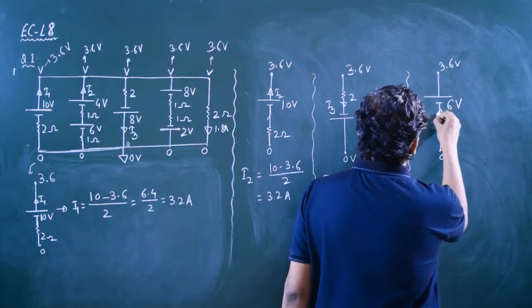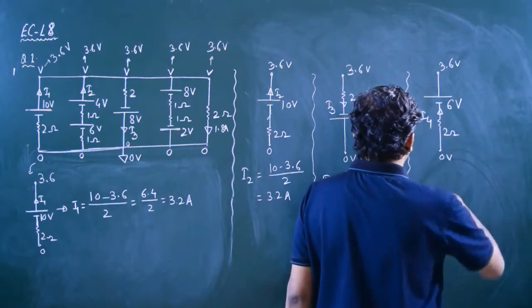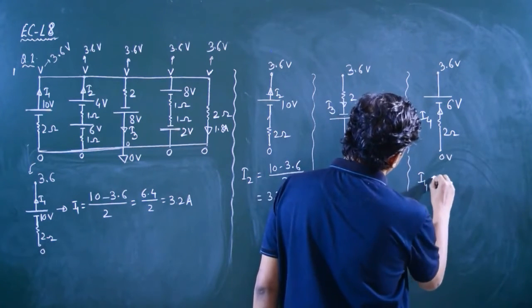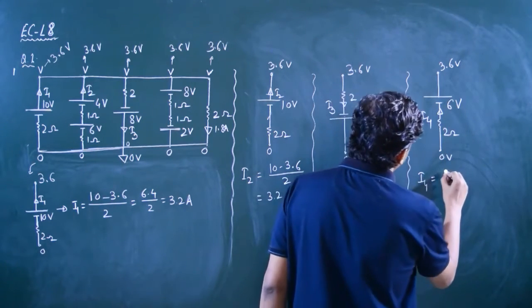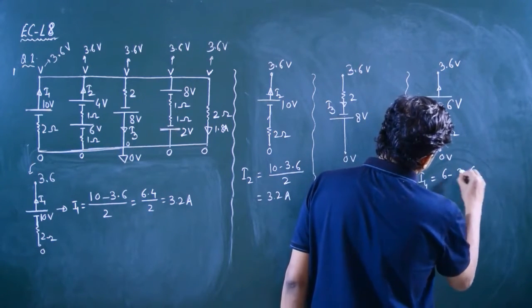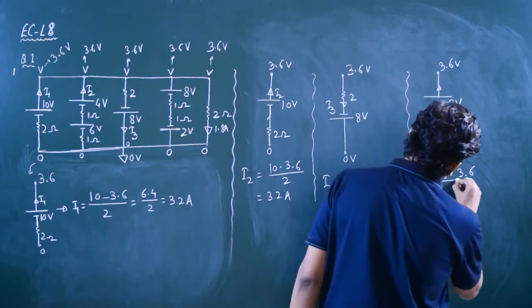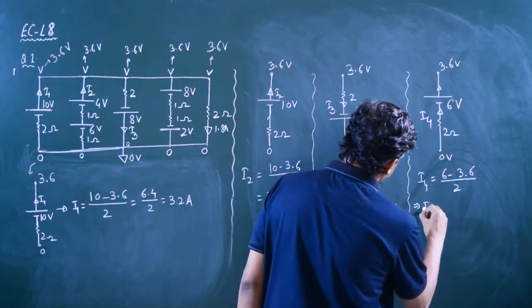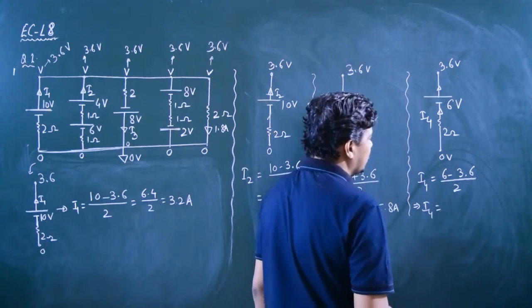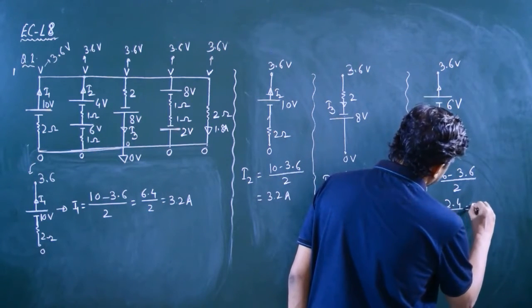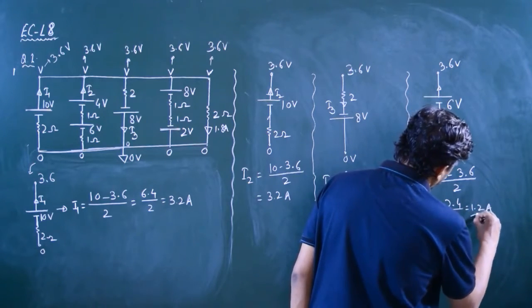So see, here current is suppose I4. Then what is the value of I4? EMF difference is 6 minus 3.6 divided by internal resistance, which is 2. So what we get? I4 is equal to 2.4 by 2, it is 1.2 ampere.